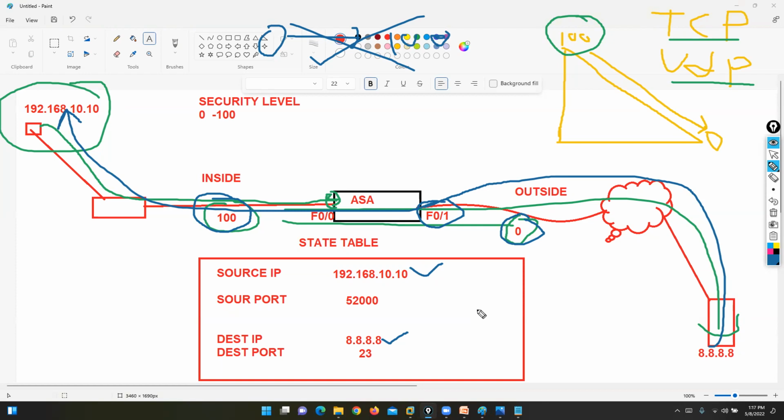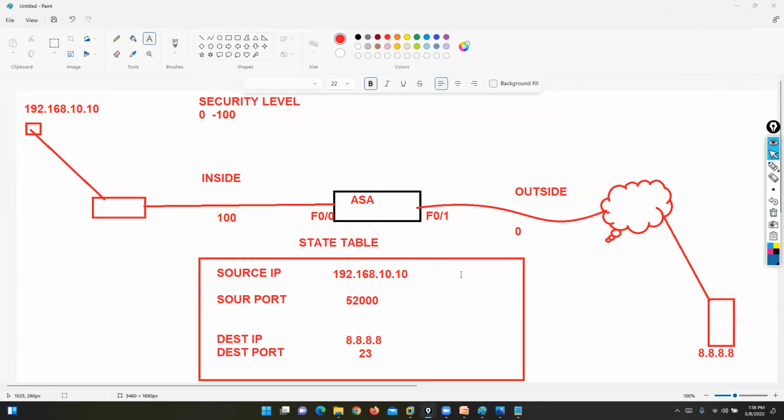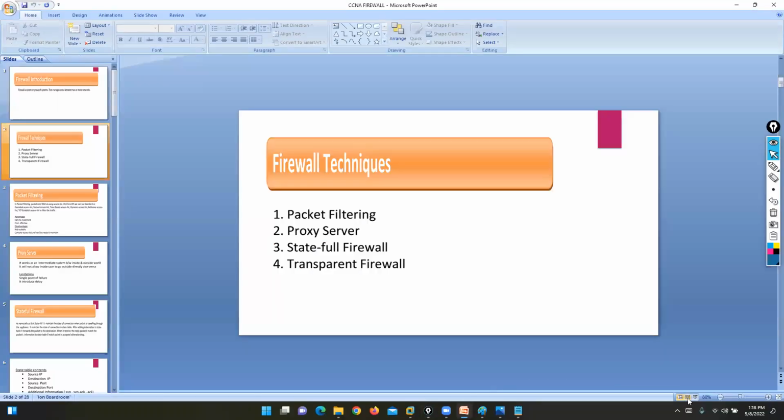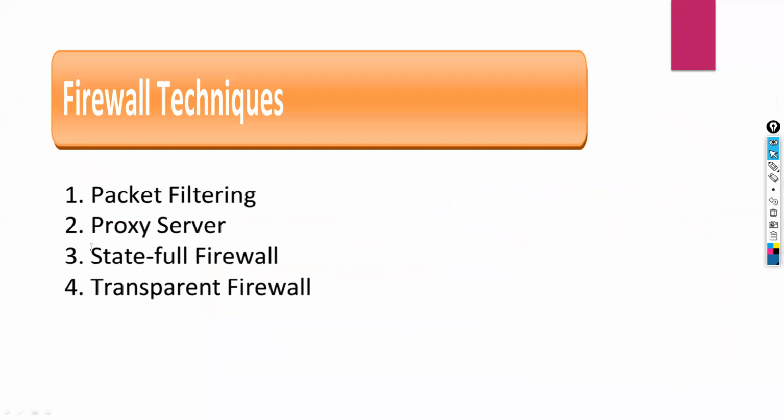So from the layer 3 perspective, this is the stateful condition and it is applicable for all firewalls. It's a common topic for any firewall. If traffic is traveling through the firewall, it will maintain the information in the state table. So that is called what? Stateful firewall.